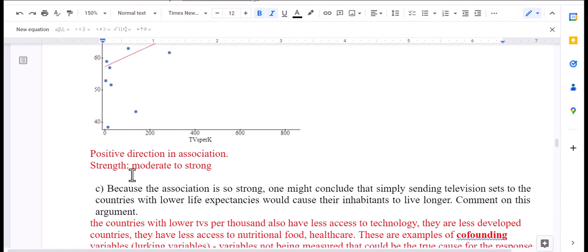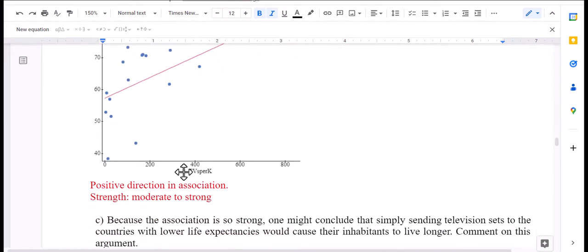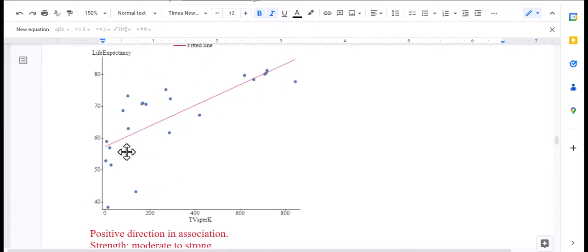So positive direction in association, strength moderate to strong. That's what I had written, but I said moderate because it's increasing, but here you can really see as the TVs increase, life expectancy is definitely increasing also. So that will mean a strong positive association.